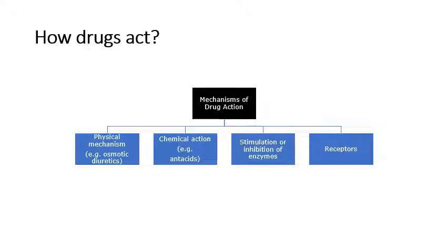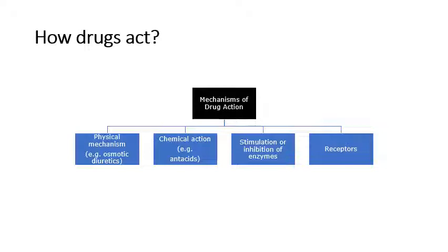The osmotic pressure produced by the presence of mannitol molecules within the renal tubules will enhance the excretion of fluid through the renal tubules, and this will cause diuresis, or enhance the diuretic effect. This is by a physical mechanism.